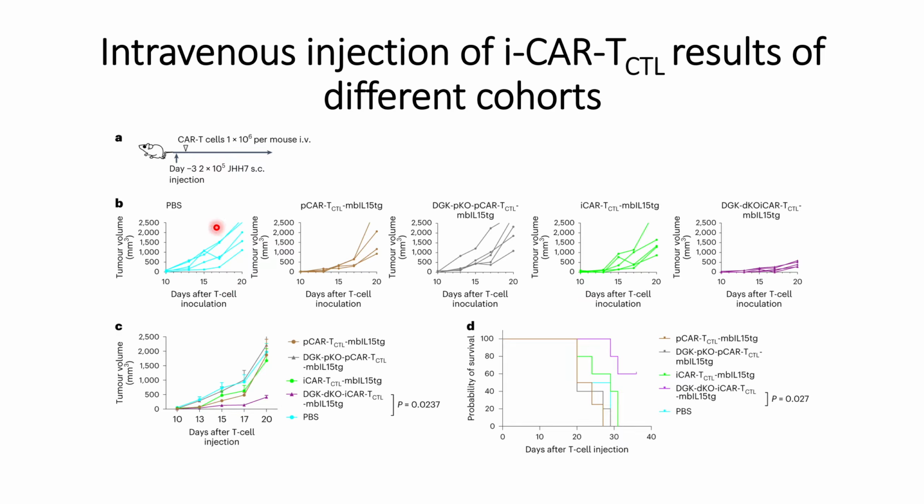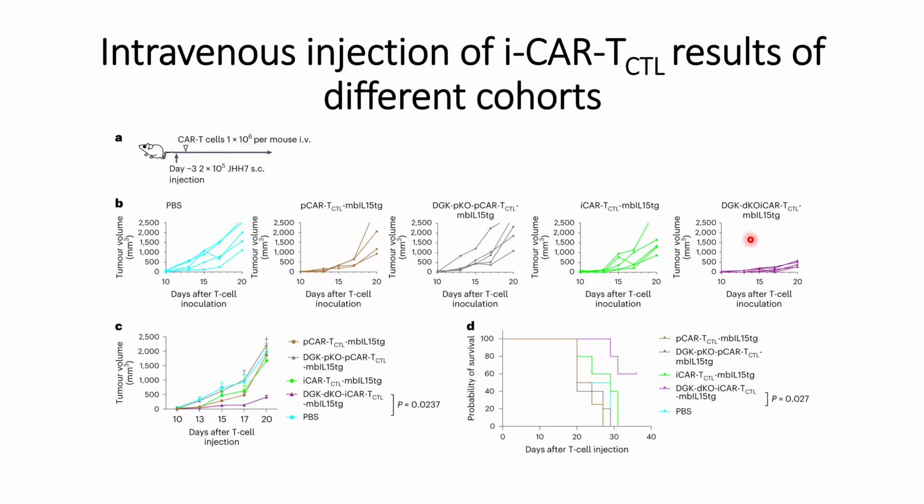As we can see, in different cohorts, the tumor volumes increase for the control and even for the CAR-T cells derived from PBMCs. For the single modifications, that is either DG kinase knockout or addition of interleukin 15 into the iCAR-T cells, it shows a high tumor volume or low tumor suppression.